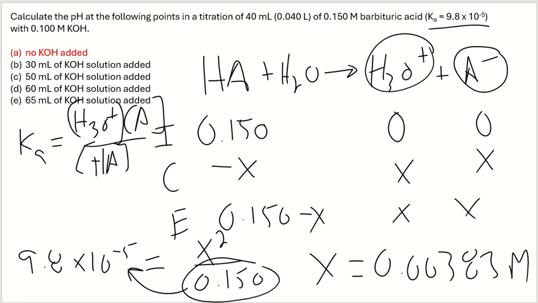And if we're trying to solve for the pH, we can just do negative log of the H3O plus concentration. So if I do the negative log of 0.00383, I get an answer of 2.42.